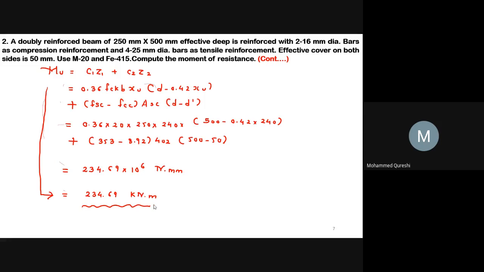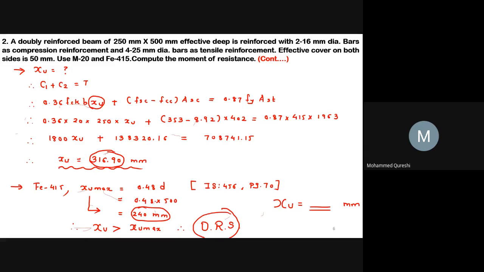So these are the two sums related to the analysis of the WRC beam. Just remember one thing: if the section is an over reinforced section, then you have to consider the value of XU as the minimum value. Here XU is 316.90 and XU max is 240 mm.